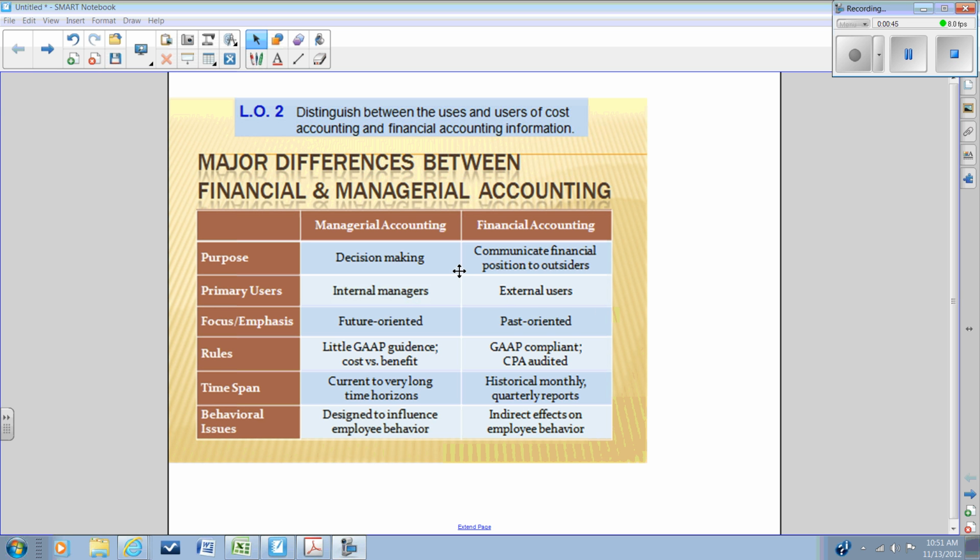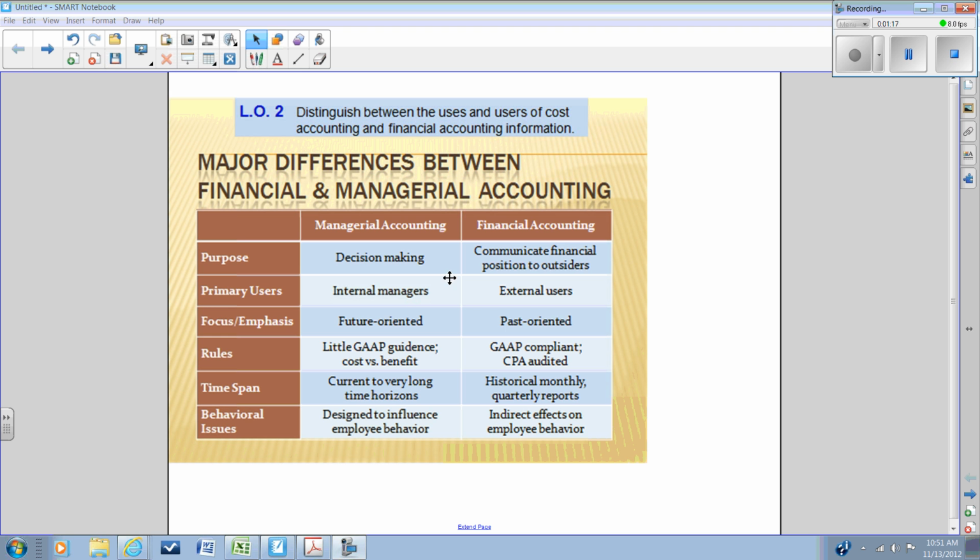Managerial and cost accounting differ in that the purpose is to communicate to internal management data that is future oriented, and that will require the use of projections and judgments and estimates that they can take and make decisions about. In financial accounting, we left the projections and judgments to the users.